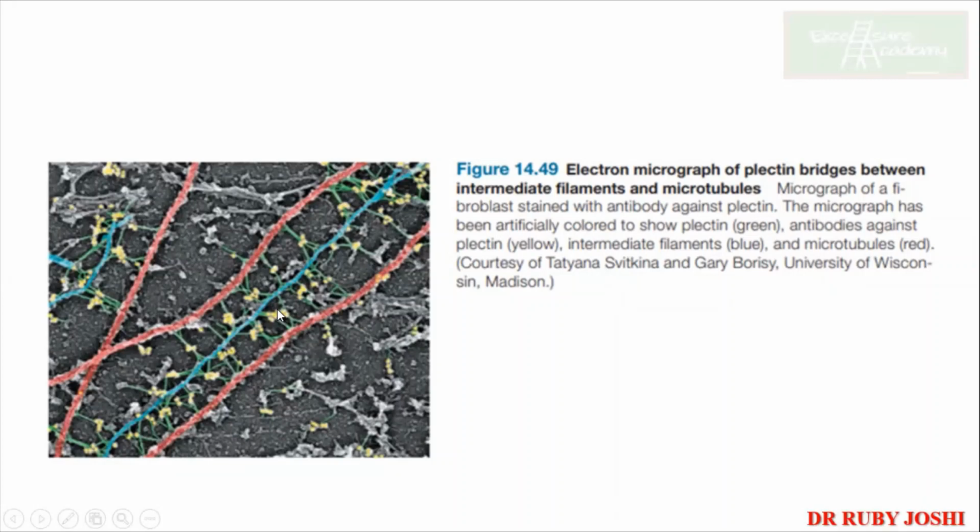Then you have the intermediate filaments in blue, and the microtubules are red. And this shows the connections, how microtubules and intermediate filaments are connected. Those green-yellow things are your plectin. Okay, did you get it? This is how plectin is helping in making the connections with the microtubules as well as the intermediate filaments.